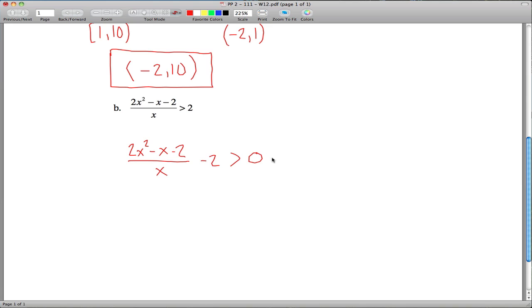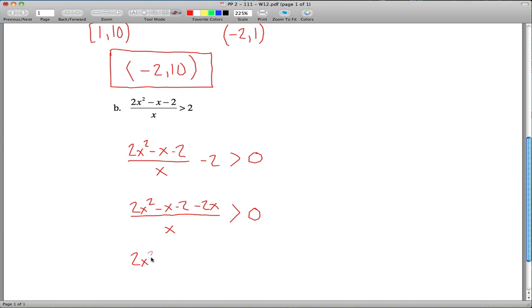To get something relative to 0. And then find a common denominator, which in this case is x. So this becomes -2x over x. So we can write it all over the same denominator.